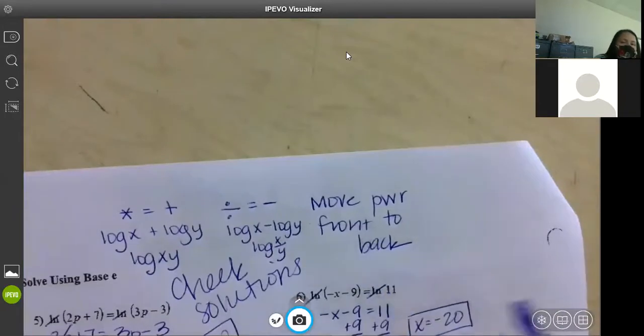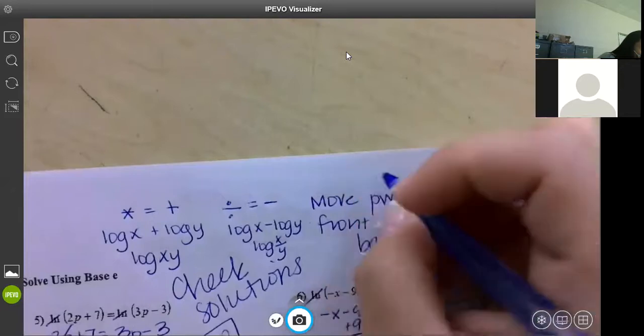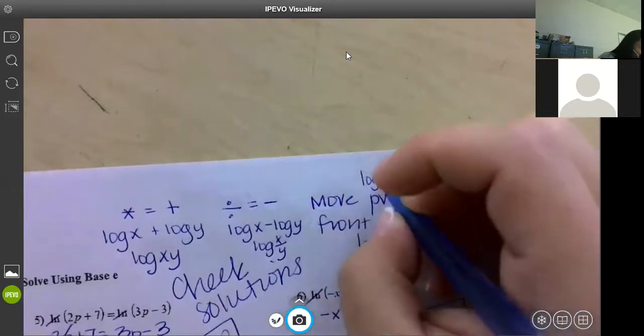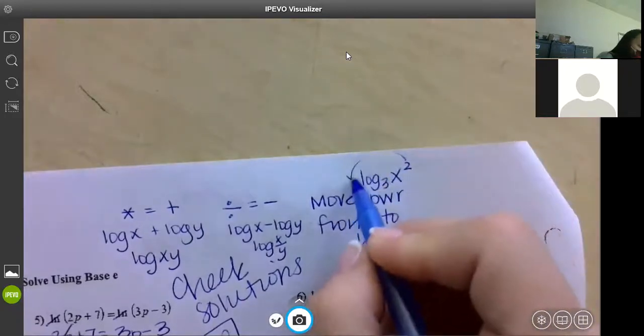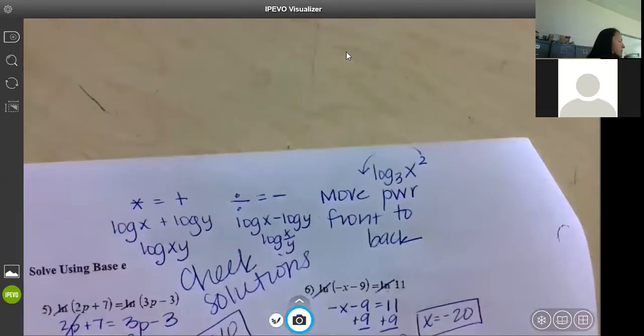And then we're not going to do this on any of the examples, but if you have them in your homework, if we had log base 3 of x squared, we could move that 2 to the front. Okay, so remember those, they work the same. Remember, ln's are logs, so it's the same thing. All right, I'll give you a minute to write that down.